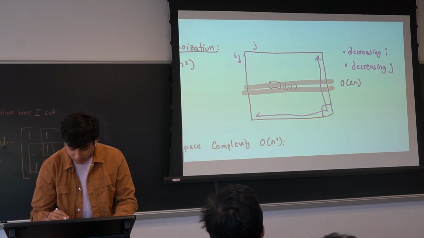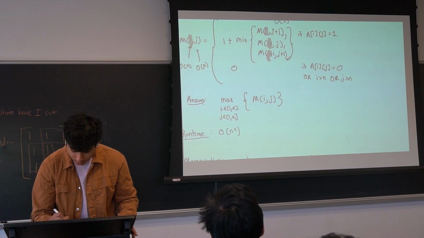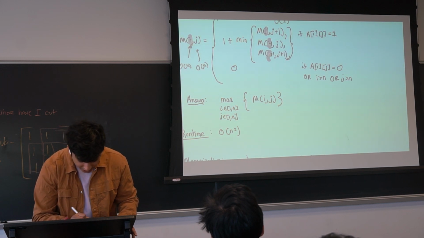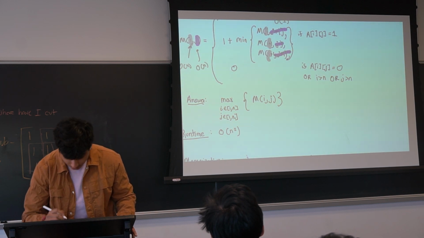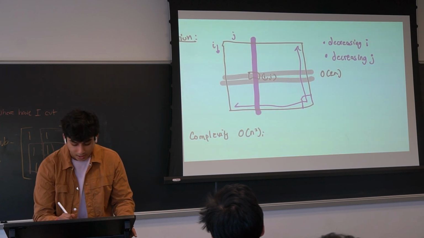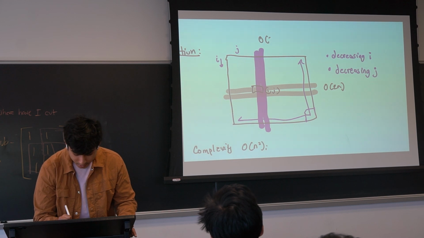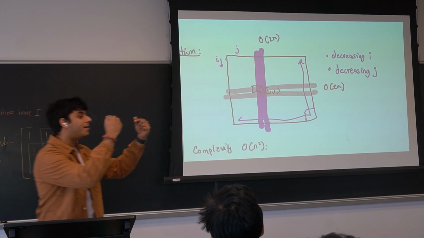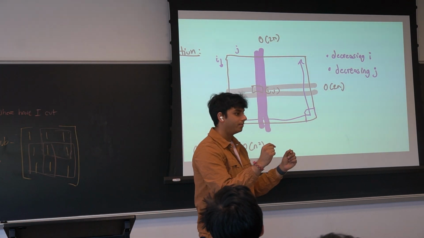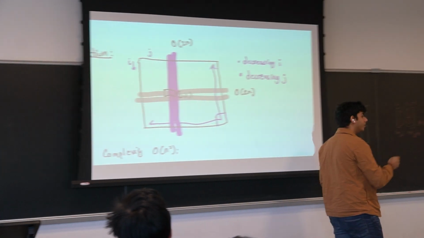And then for a fixed value of j, I only need to keep track of j and then j plus 1, which means I need to keep track of the current column that I'm filling in, column j, and column j plus 1. And this is order 2n. And then every time I move on to the next row or column, I can just empty one of the 2 arrays and refill it.